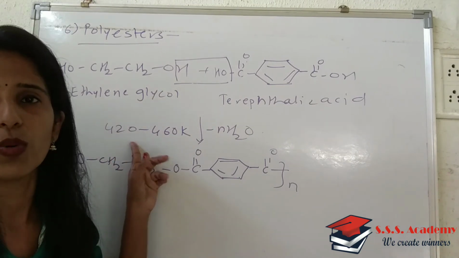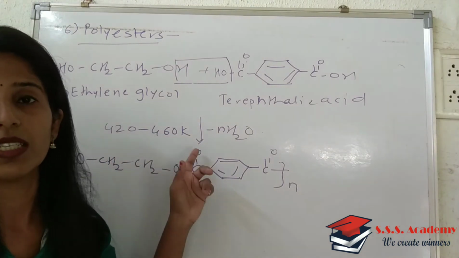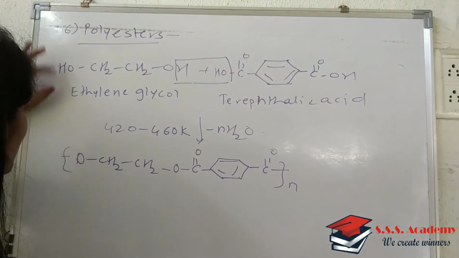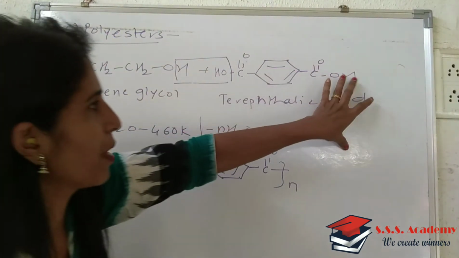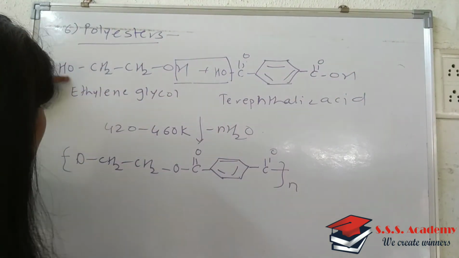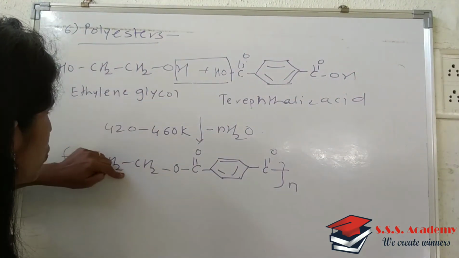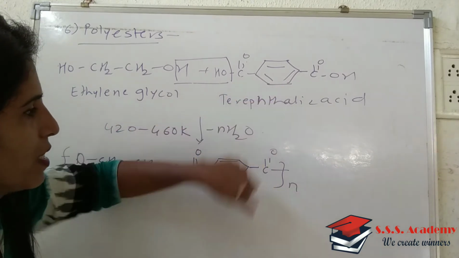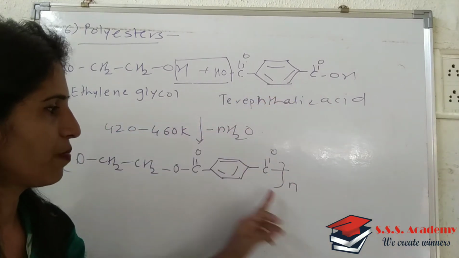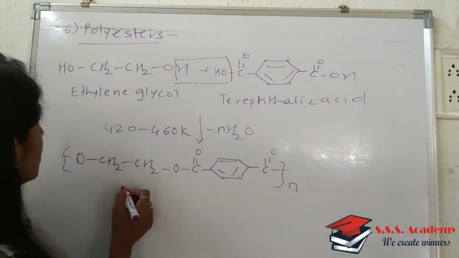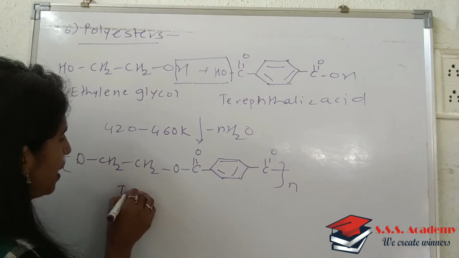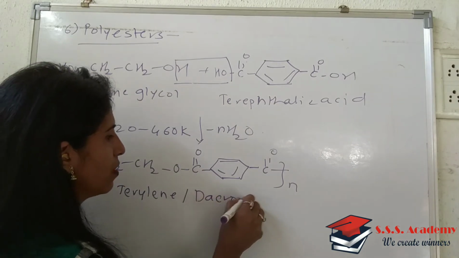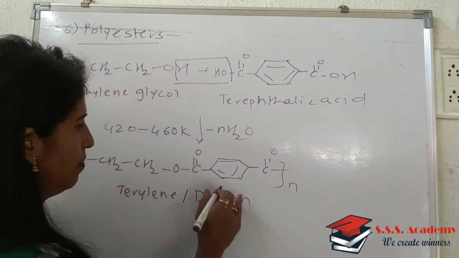Temperature condition is 420 to 460 Kelvin. And next is this O as it is, because this hydrogen will go with the forthcoming acid group, OH group. Therefore, this O as it is, this CH2 as it is, this oxygen as it is, then C double bond O, then this benzene ring, and this C double bond O. So this is terylene, or it is called dacron.